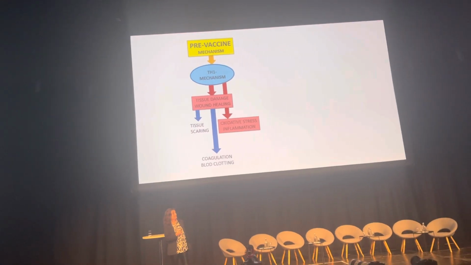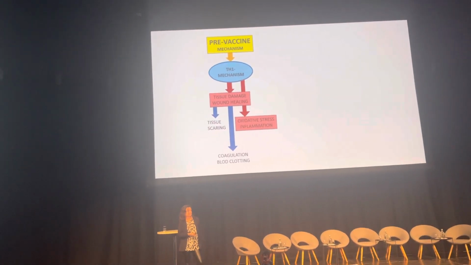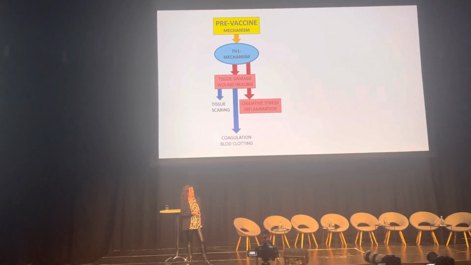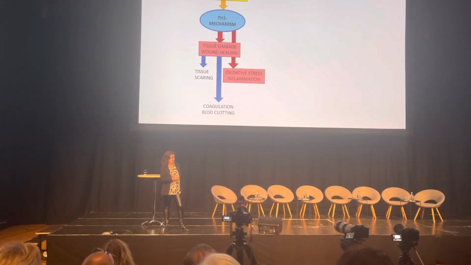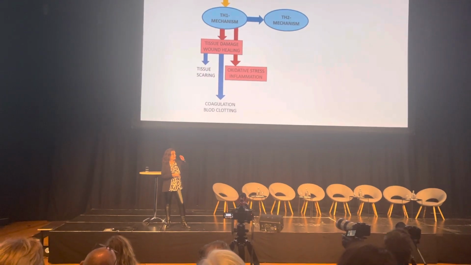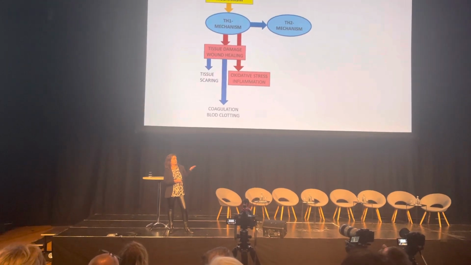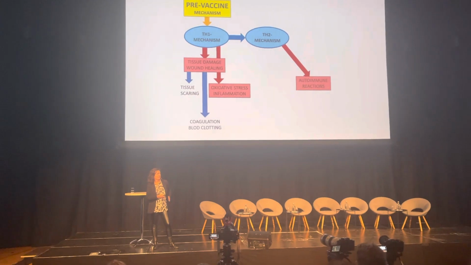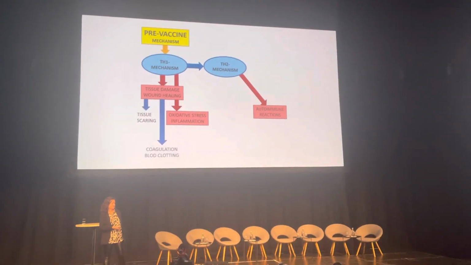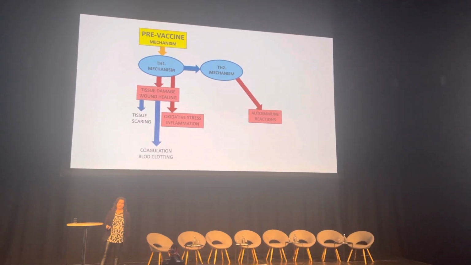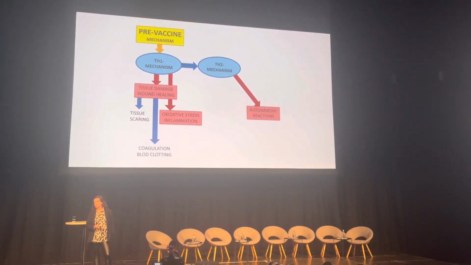You will have coagulation, blood clotting in certain people, from oxidative stress and inflammation. Also, you have the antibody response, but that's secondary. And with the antibody response, the most common severe side effect is actually autoimmune reactions.